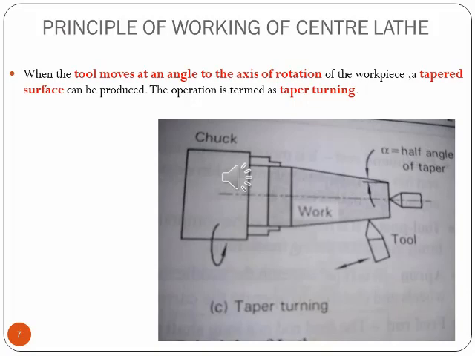You can see in the figure below, the tool is moving at an angle to the central axis of rotation of the workpiece. So this angle alpha is half angle of the taper. Thereby, by moving the workpiece at an angle to the axis of rotation, we get a tapered surface. This is called as taper turning.